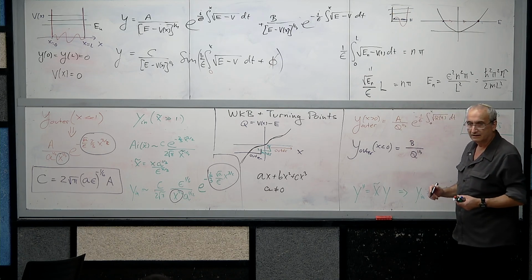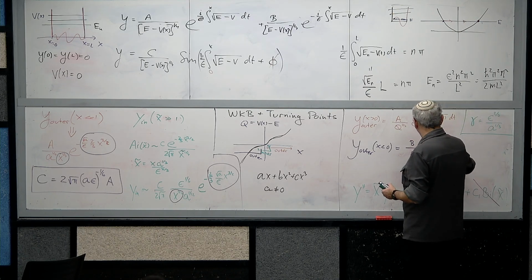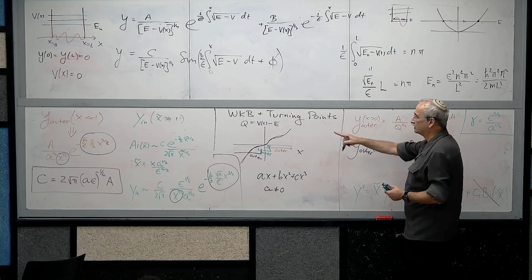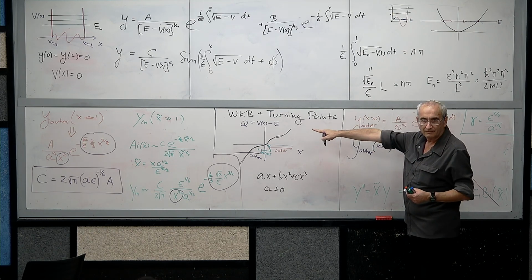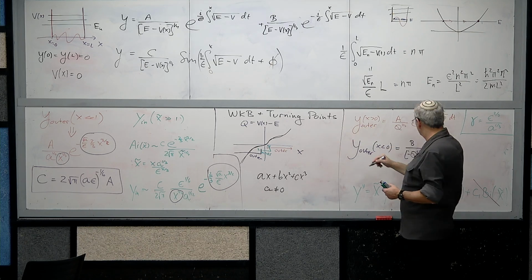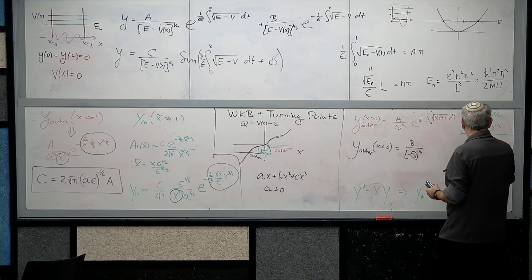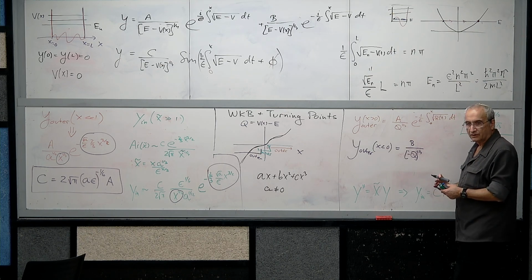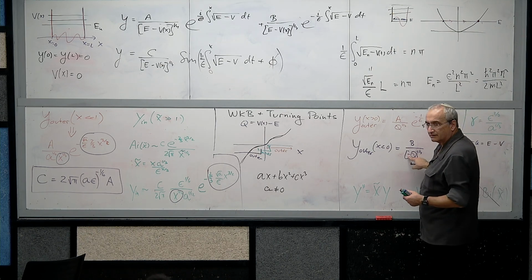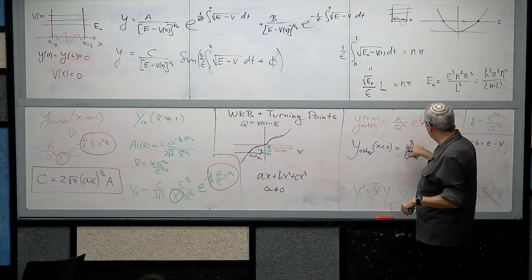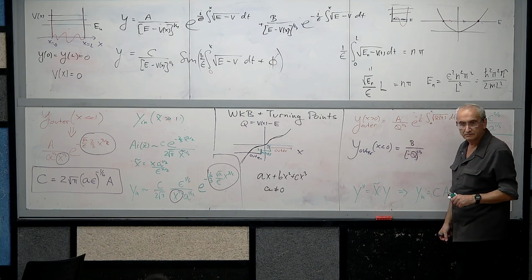Okay, again, maybe I will write it as minus q to the 1/4. Minus q now is positive, right? Minus q is e minus v. I added a minus here, so I should multiply everything by minus 1 to the power of 1/4, but I absorbed it into the b.